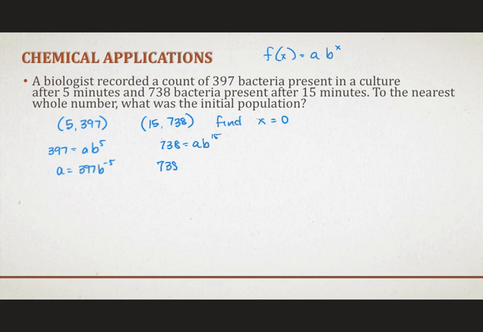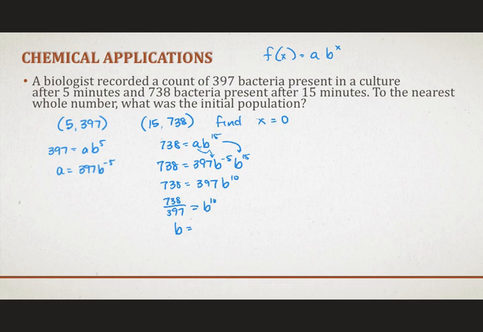So for 738, instead of a here, I'm going to put 397b to the negative 5, and then times b to the 15 that was already there. So this is now a, and b is still there. And then I simplify. So b to the 10th equals 738 over 397. And you're going to turn this into a decimal for sure, because that just makes everything easier.